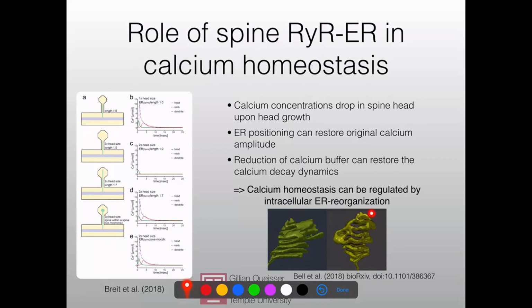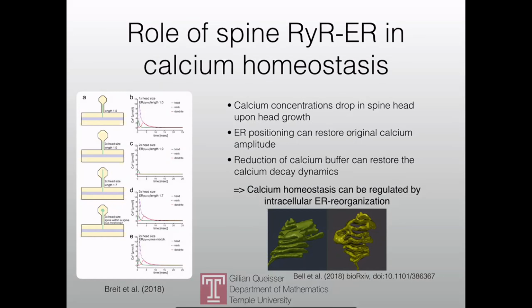So these geometries seem to replicate the prediction of the model, doing exactly what is needed to ensure calcium homeostasis under geometric changes of the spine itself.